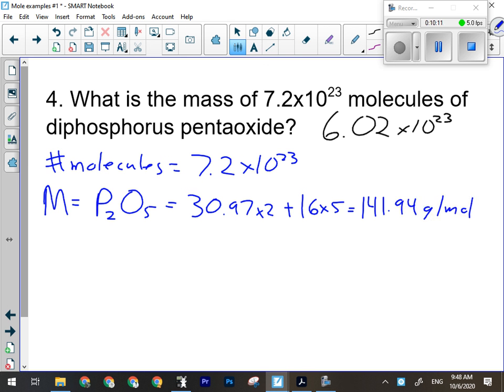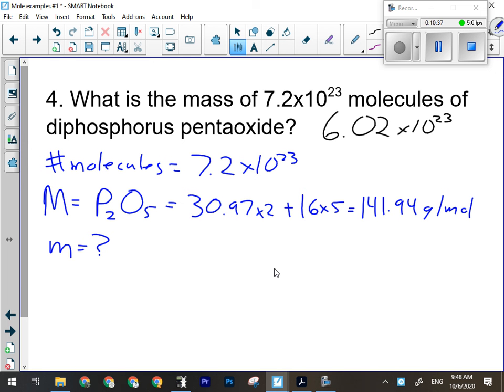All right, so now we've got our molar mass and we've got our number of molecules. We also have Avogadro's number. If I'm going to calculate little m, which is what the question wants me to get, I still need the number of moles. How can I get that with the number of molecules and Avogadro's number? You take Avogadro's number and divide it by the molecules. Other way.